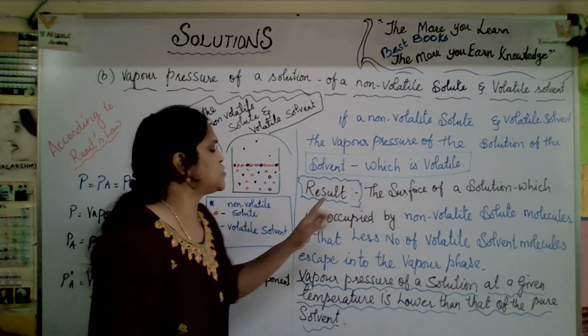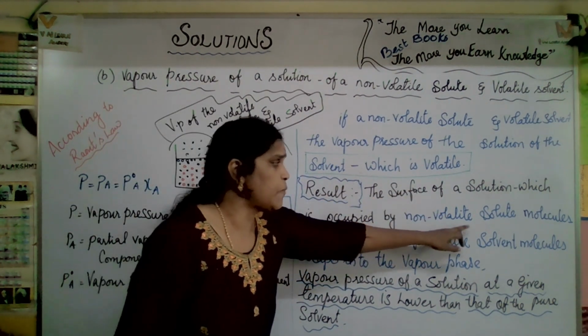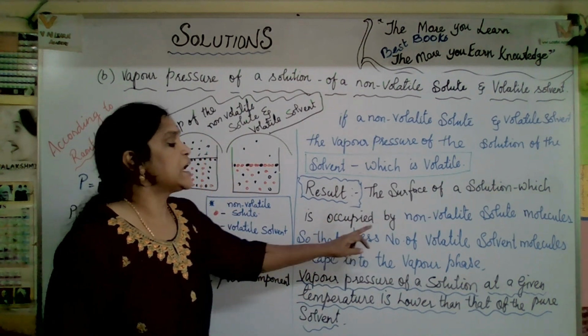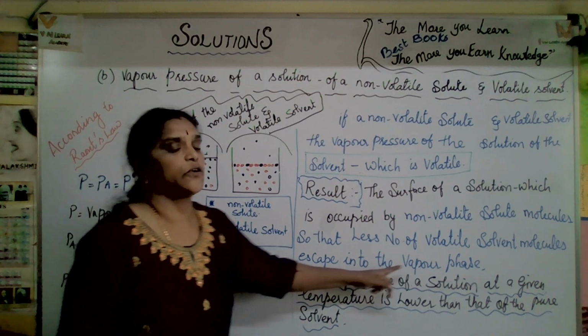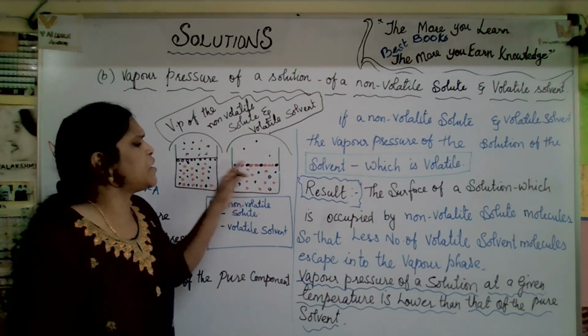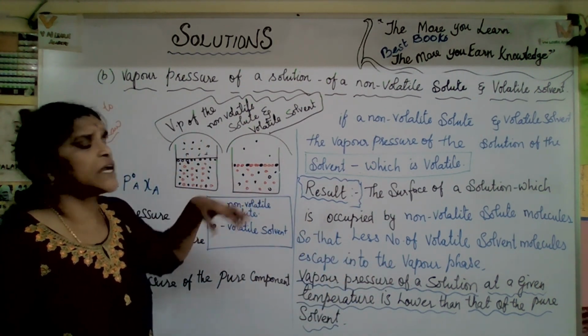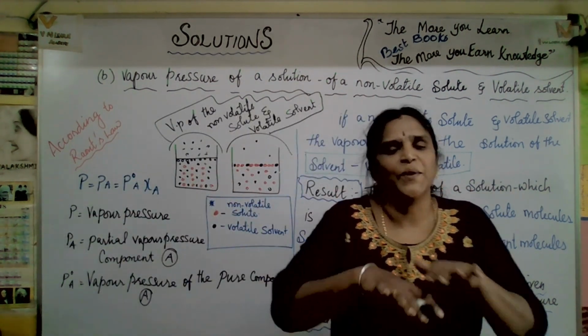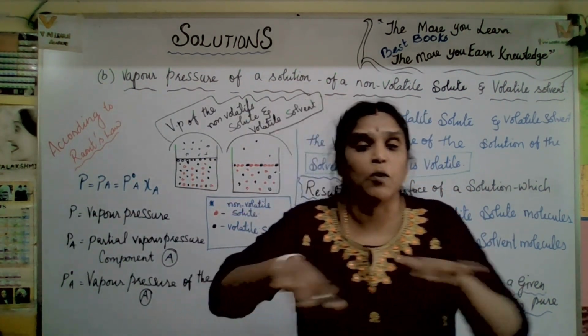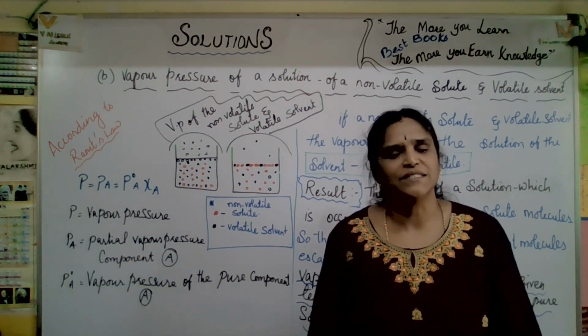The surface of the solution is occupied by non-volatile solute molecules, so a lesser number of volatile solvent molecules escape into the vapor phase. This blocks the surface, so it cannot easily evaporate outside, because non-volatile solute molecules are blocking the surface.